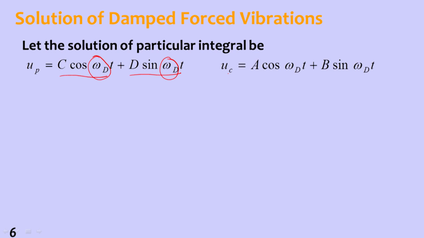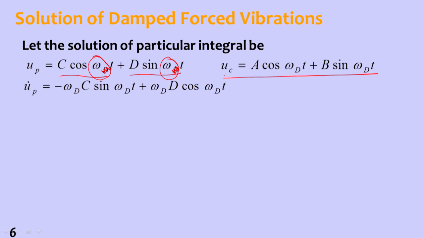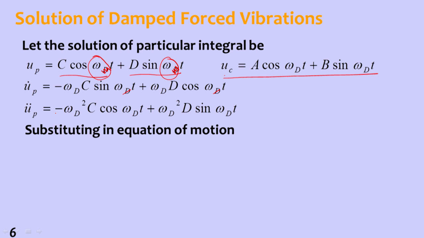So, u complementary is cos omega dt and sin omega dt. Sorry, this one will not have damping present in it. If we differentiate it with respect to time, we get up, that is omega c sin omega t and omega d into c cos omega t.